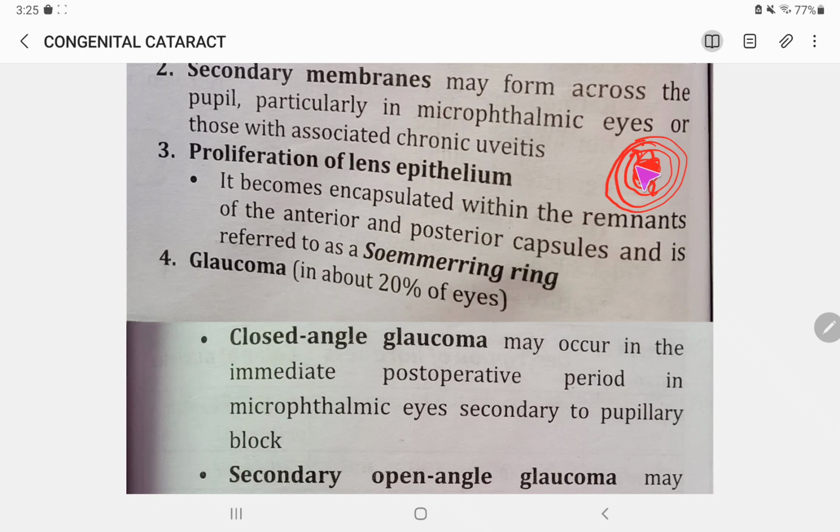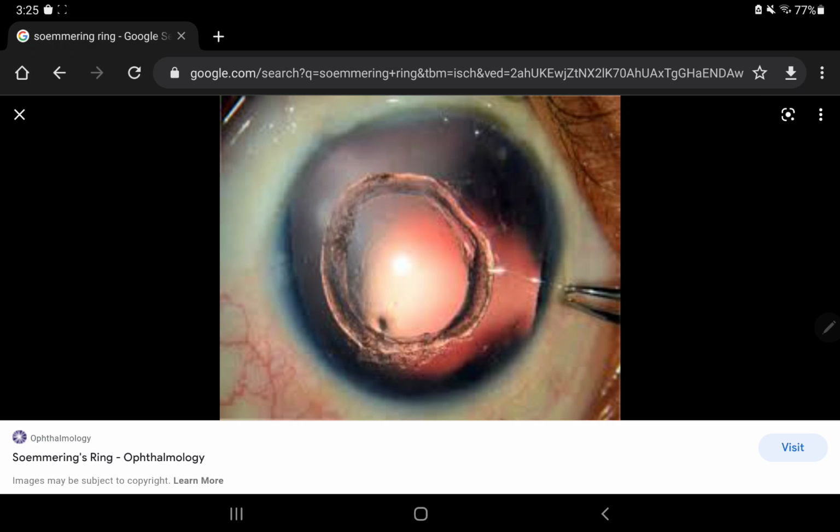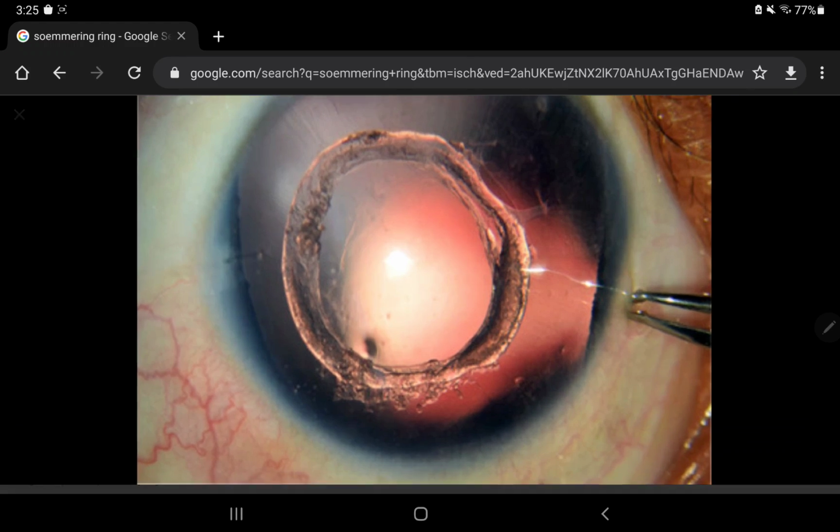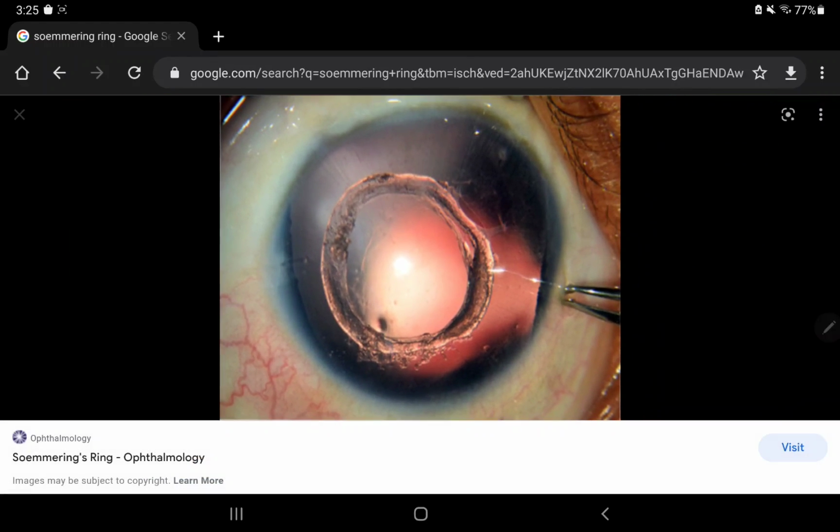But what will happen is the lens epithelium will proliferate and lead to opacification. It will also become encapsulated with the remnant of the anterior and posterior capsule and is referred to as the Soemmering ring. Let's see its figure. Here is the figure of the Soemmering ring. We can see this is due to the proliferation of the lens epithelium.